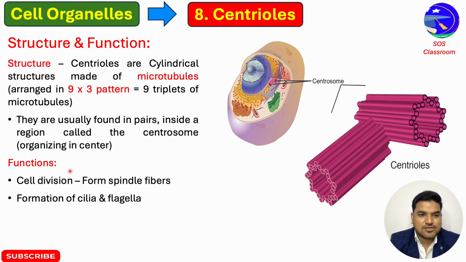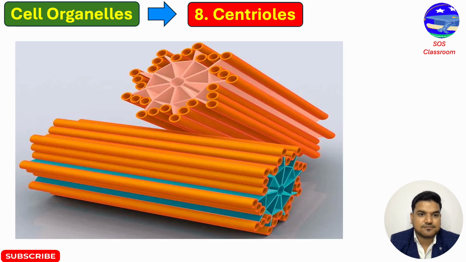What is the function of the centrioles? Cell division, formation of spindle fibers, and formation of cilia and flagella. So this is the 9:3 pattern.